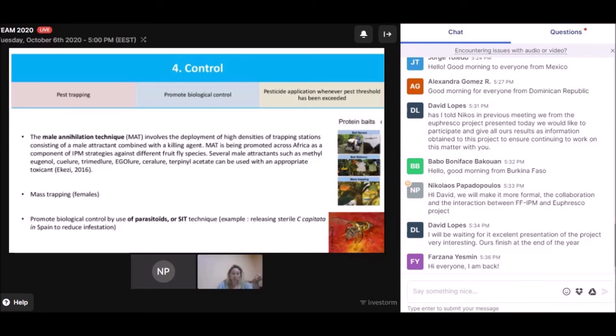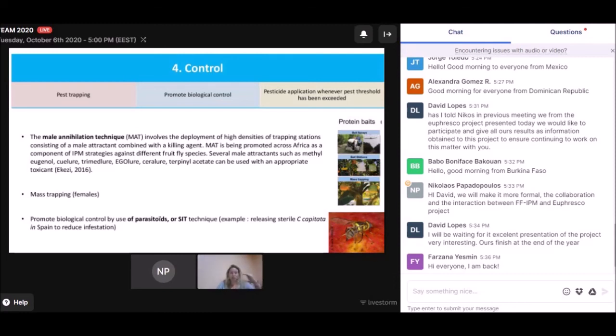So it's male attractants like methyl eugenol, which is very well known for Bactrocera dorsalis, but you have cue-lure, trimedlure, eugenol, zingerone, terpinyl acetate, and many other lures that can be really appropriate for catching and attracting the males, and after you have to put inside a killer to kill the male fruit fly being attracted.